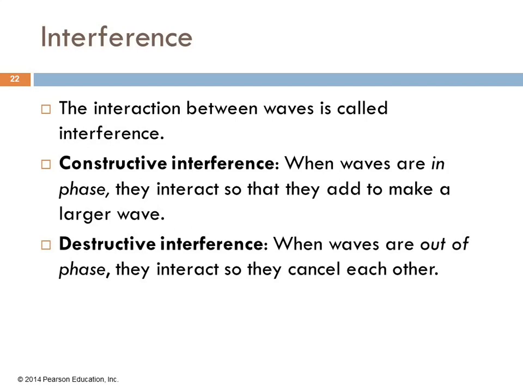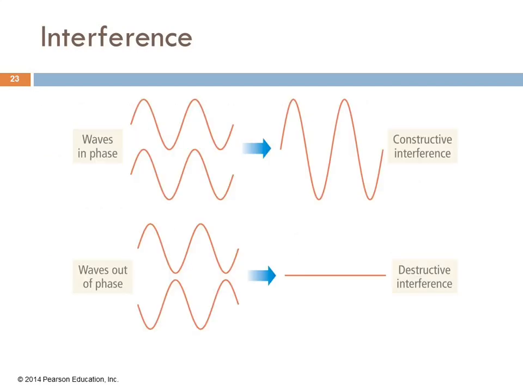Have you noticed that if you get bouncing just right and somebody else is bouncing just right, they can send you much, much higher? And sometimes, yeah, double bounce. But sometimes it exactly cancels out, and you were going up and down, but they bounce at just the wrong time, and you just stop dead. It's the same concept of the waves constructively adding or destructively canceling each other out.